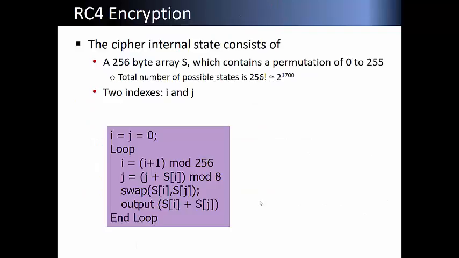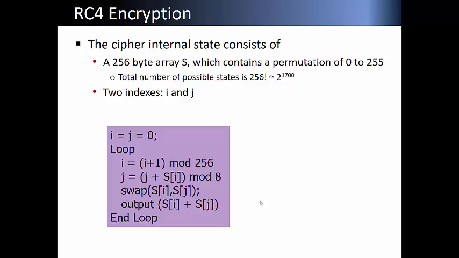This is the algorithm, so let's try to do it. The cipher internal state consists of a 256-byte array S, which contains a permutation of 0 to 255. The total number of possible states is 256 factorial, which is about 2 to the power 1700, which is too big.